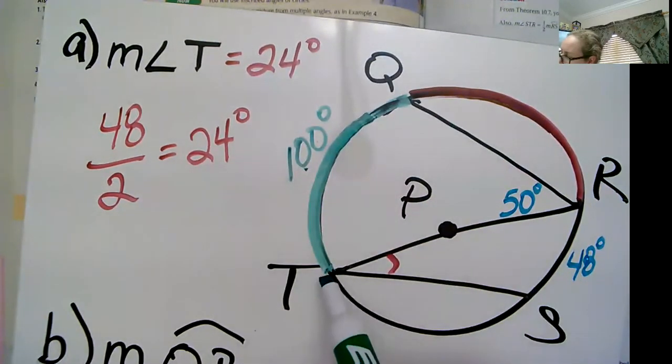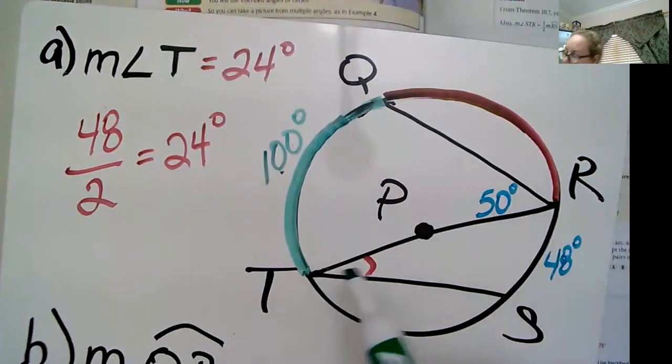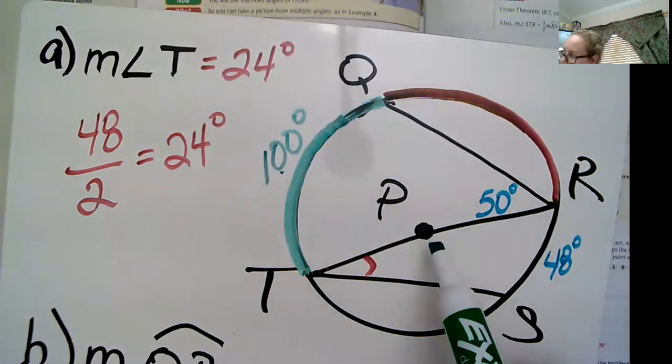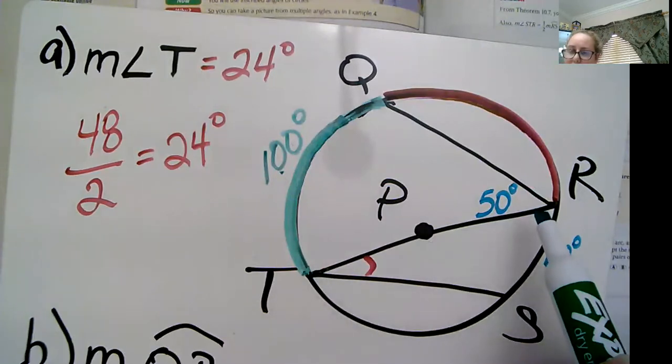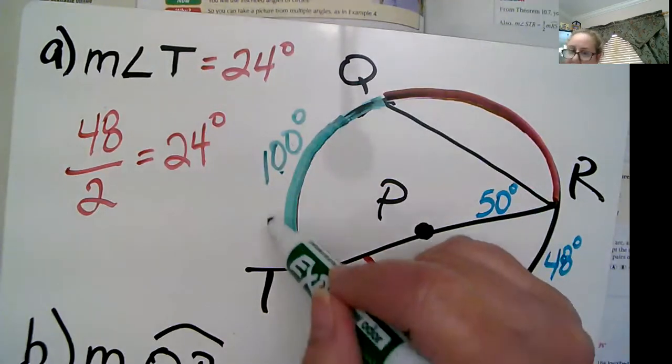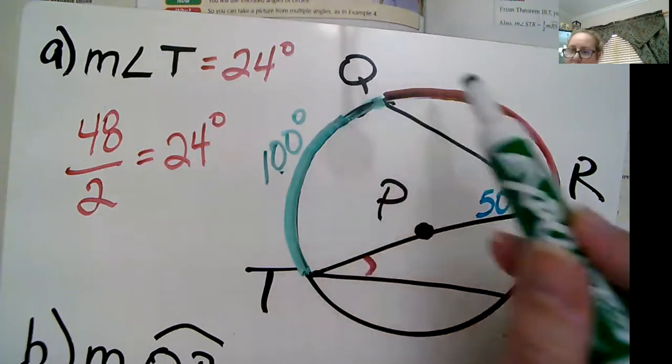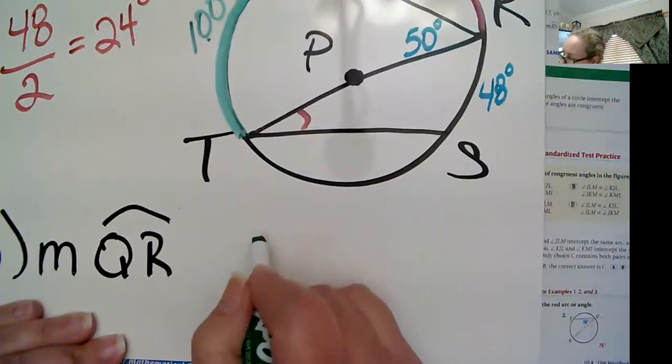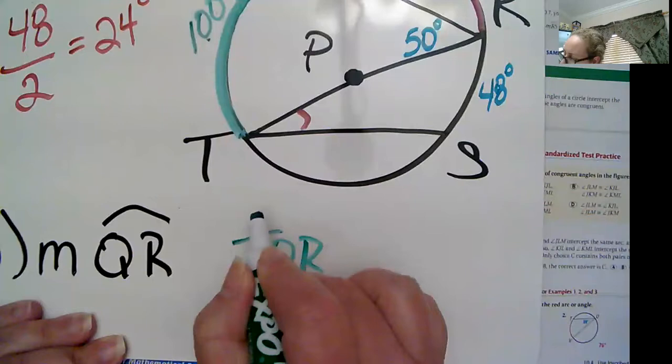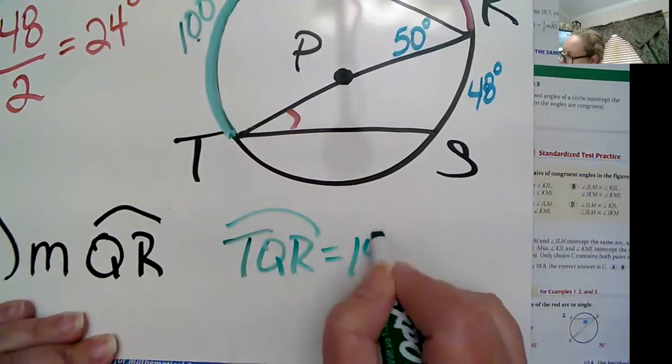Well, since TR goes through the center of our circle, it represents the diameter. So that means the whole arc TQR has to equal 180.